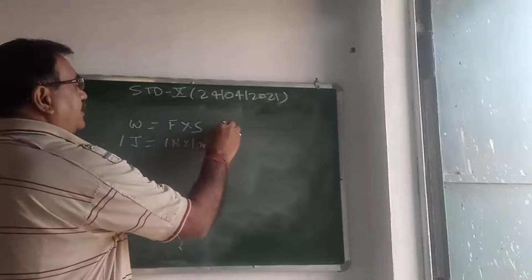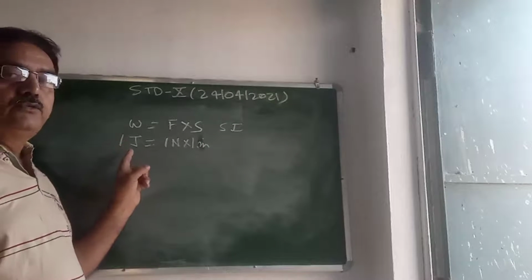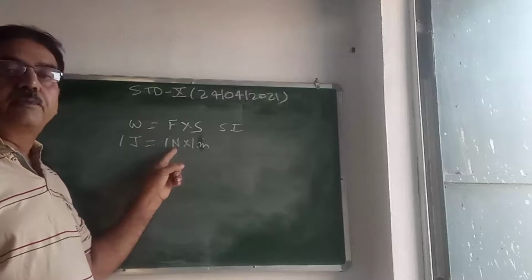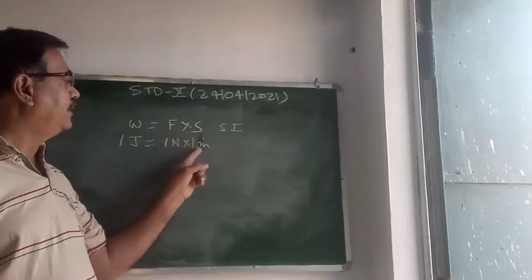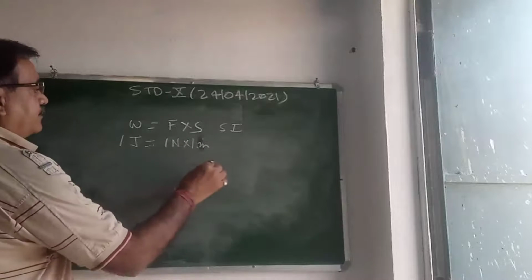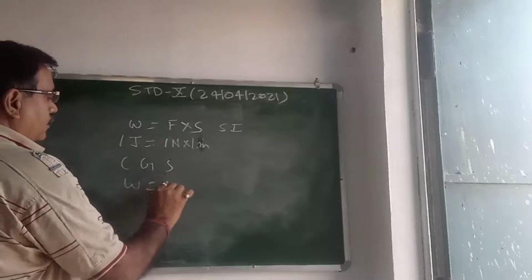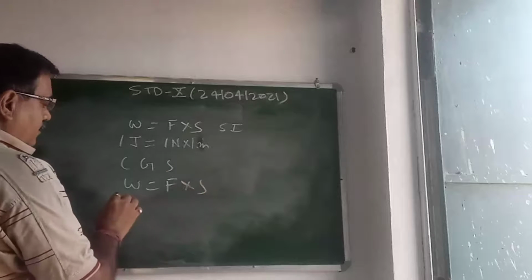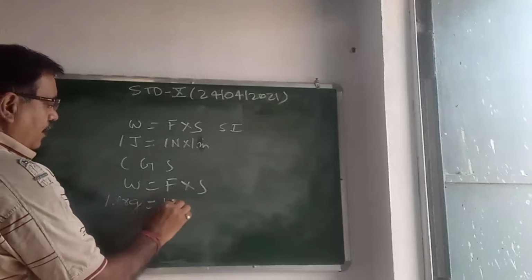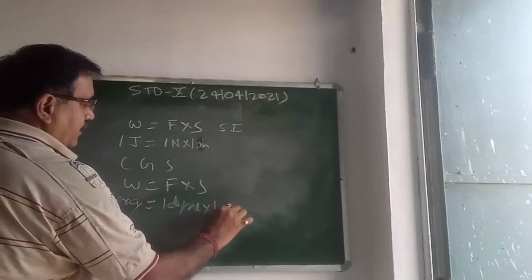This is the SI unit. So 1 joule of work is said to be done when 1 Newton force applied on a body displaces the body through 1 meter. And in CGS, W is equal to F into S. 1 erg is equal to 1 dyne into 1 centimeter.